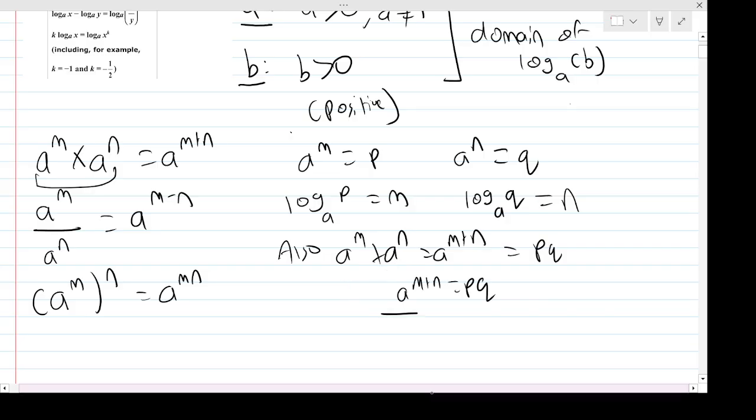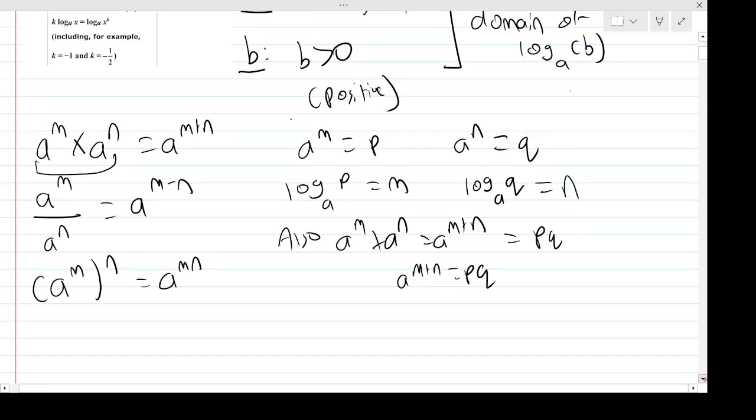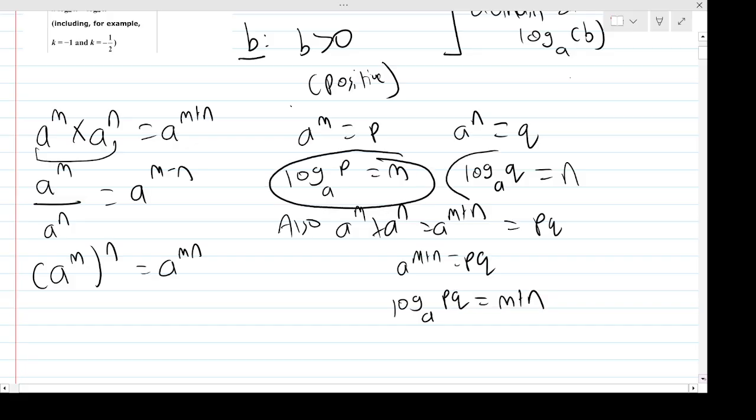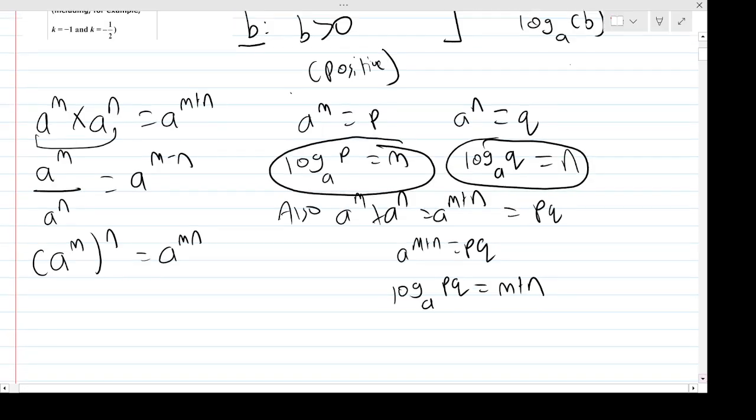So I got to this statement, and now I can take logs. If I convert that into a log, then log base a of pq is equal to m add n. Well, hang on, what is m? This is m here, and this is n here. So what we can therefore deduce is that log a of p plus log a of q is equal to log a of pq.